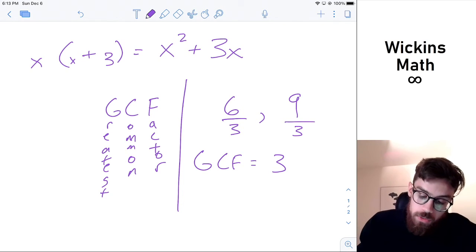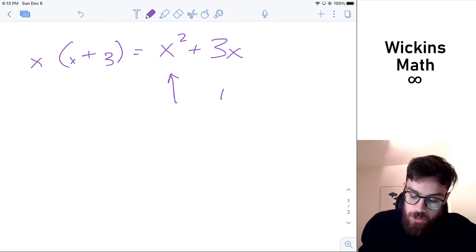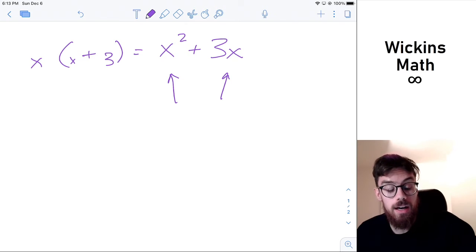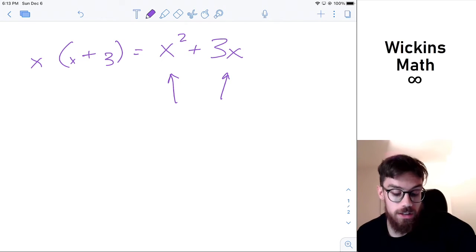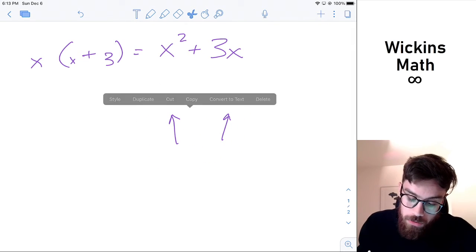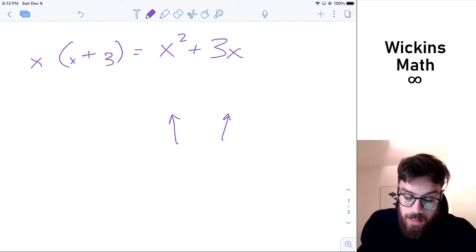So what we're doing is we're actually looking for the greatest common factor between now these 2 terms, and we're including the possibility of that greatest common factor being a variable, which it is in this case. Because the biggest thing that we can remove from both of these terms is an x.